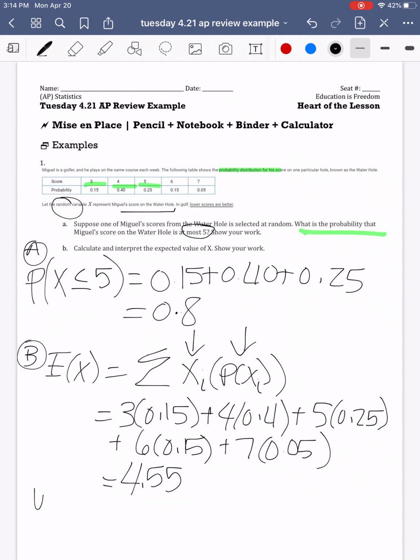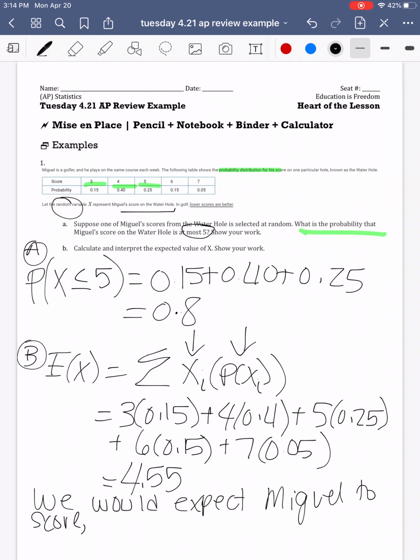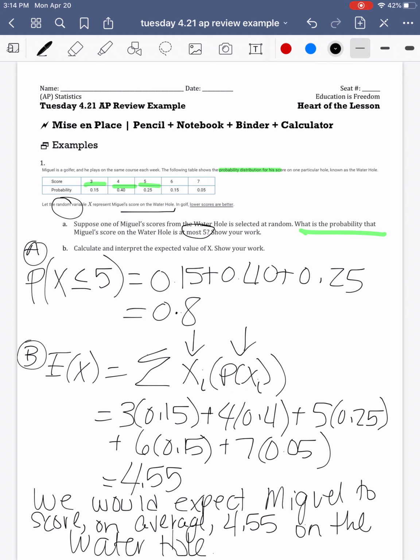So we can say we would expect Miguel to score on average 4.55 on the water hole. So that is our interpretation.